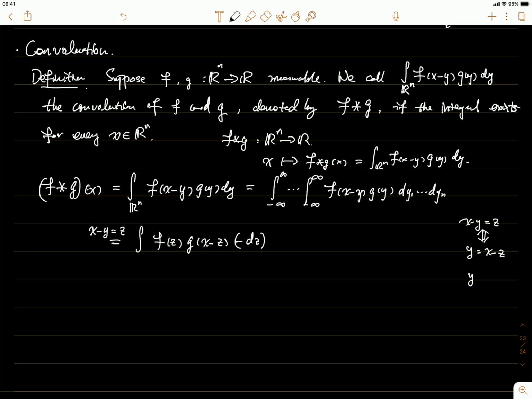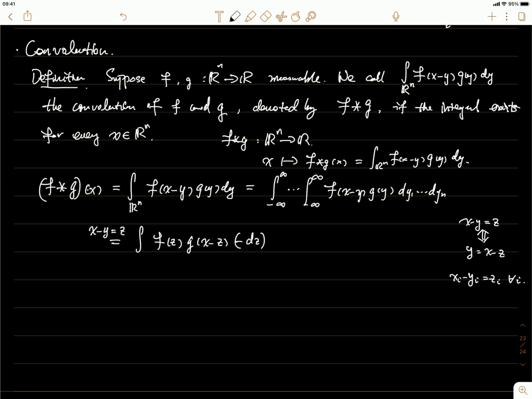For each component, xi minus yi equals zi for each i. So when the y goes from negative infinity to positive infinity, the zi goes from positive infinity to negative infinity, right? So we'll flip the limit right here. So we'll flip all those limits as well.